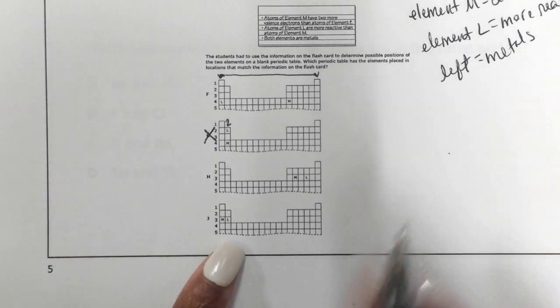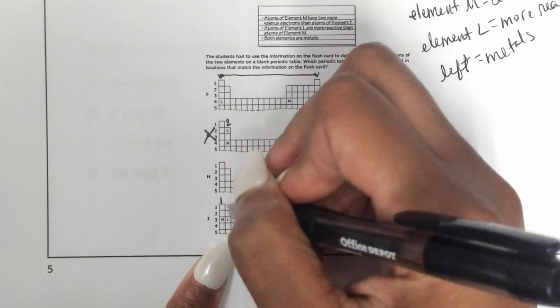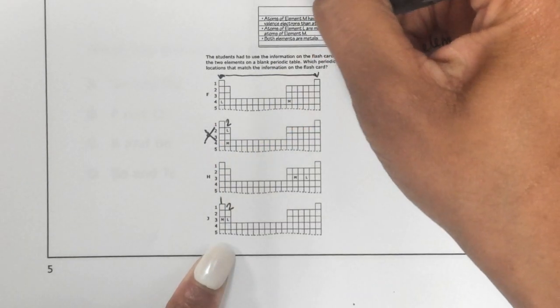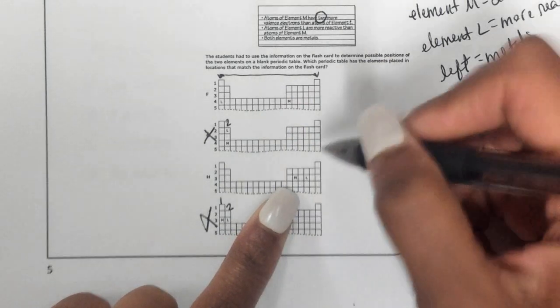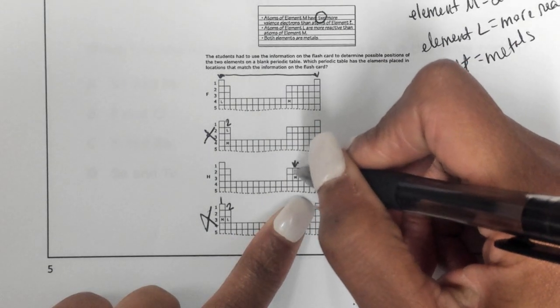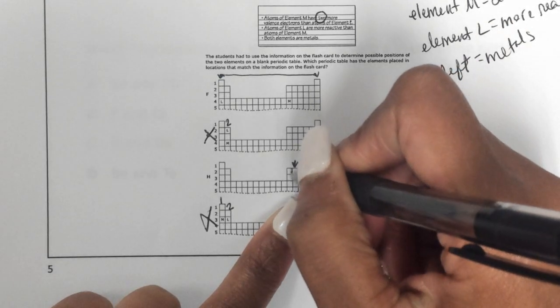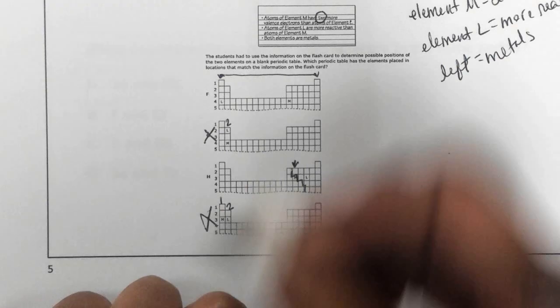So I can also eliminate this one, because M and L, this would be 1 valence electron and 2 valence electrons, and it has 2 more valence electrons, not 1. And I can quickly eliminate this one, because this is where the metalloids are, the staircase. And then this is a nonmetal. So the only possible answer choice is F.